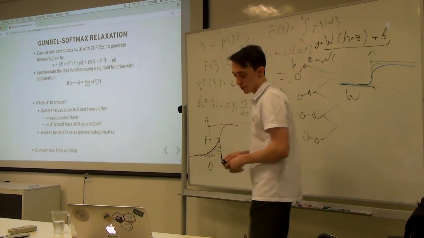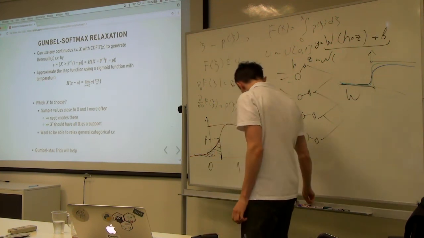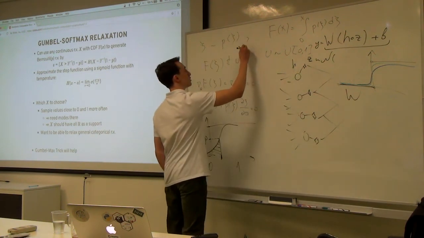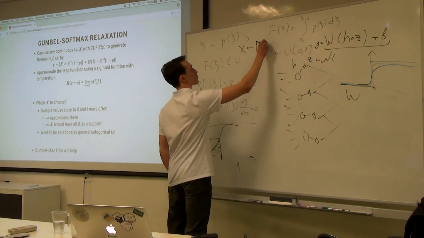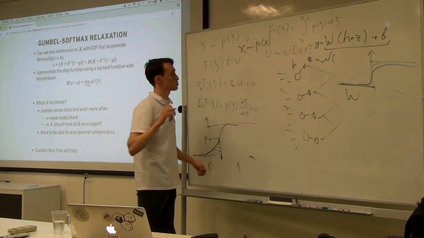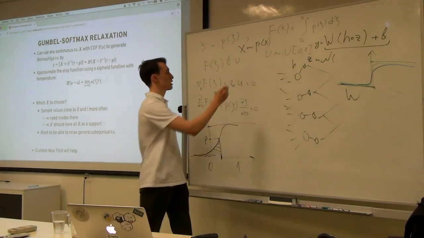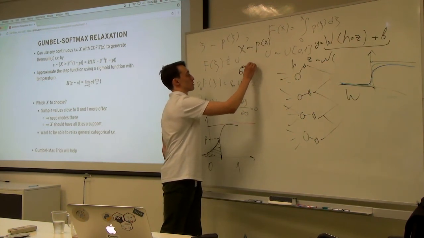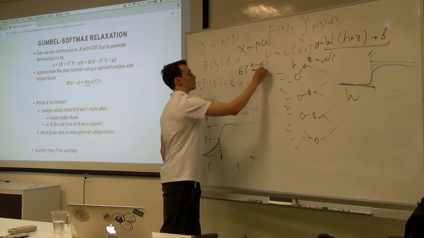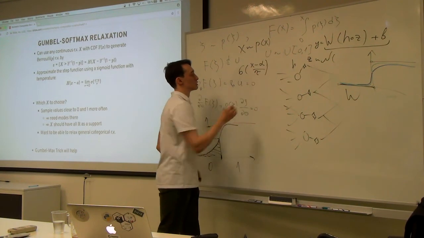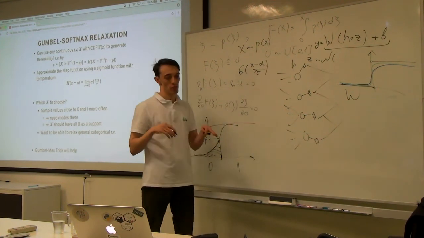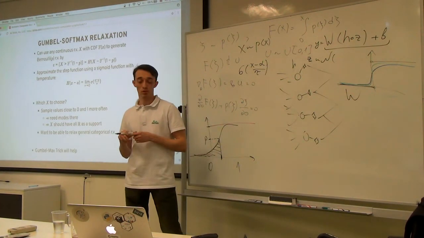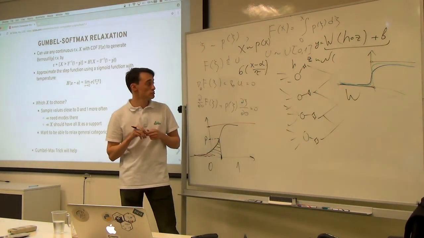So what we do in this scheme is that we sample some x from a continuous distribution, and then use the following relaxation, where tau is the hyperparameter controlling how good our relaxation is.